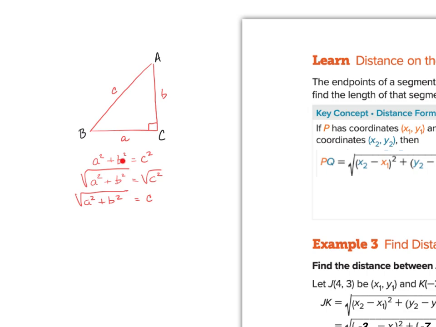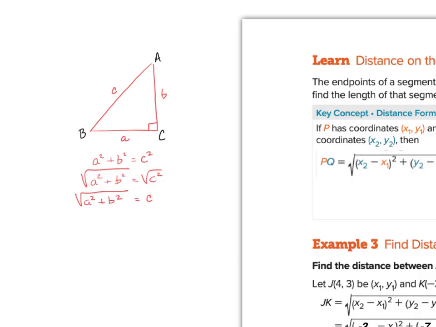A squared plus b squared equals c squared. In order to get the length of the hypotenuse, or any one of these sides, by itself, we're going to do the square root. So the square root of c squared is c. If I do the square root of one side of my equation, I have to do the square root of the other side of the equation. So therefore, c is equal to the square root of a squared plus b squared.